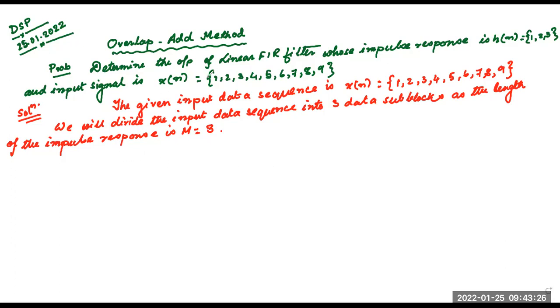So this is the first division of the input data sequence, that we will take three data samples in each block.